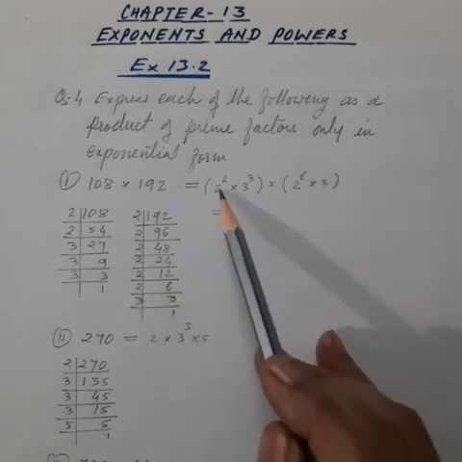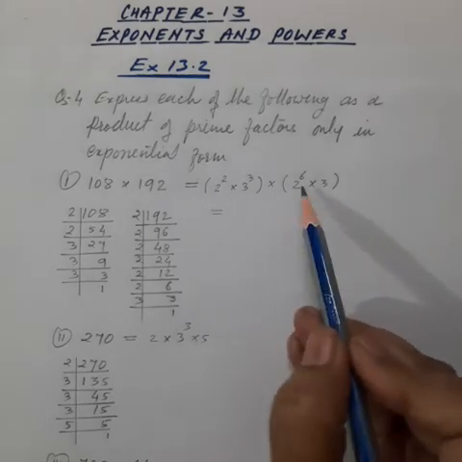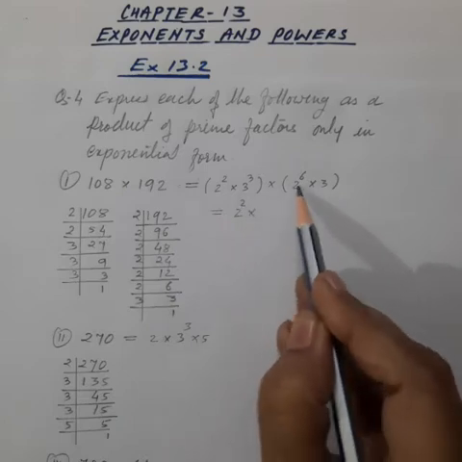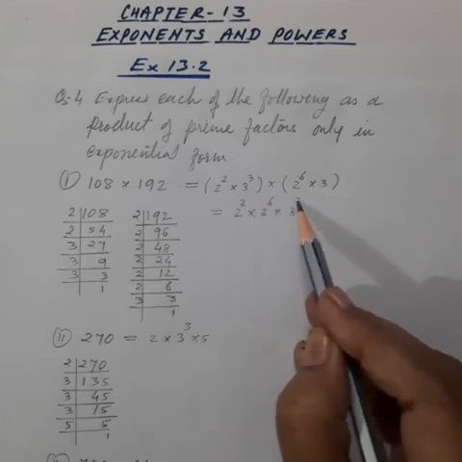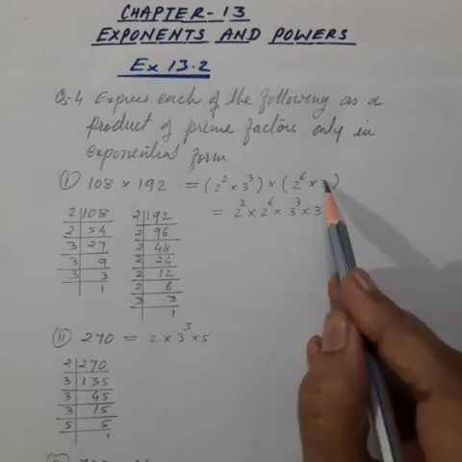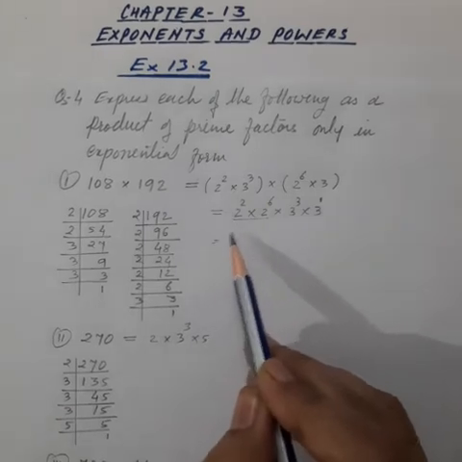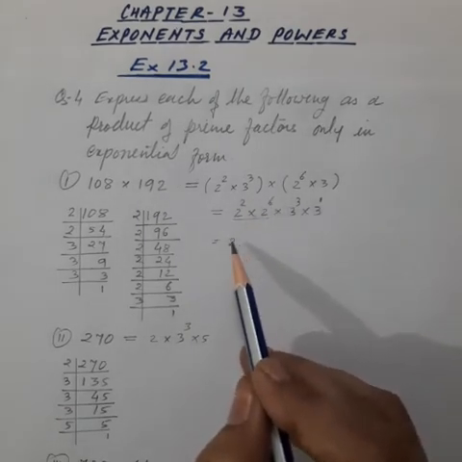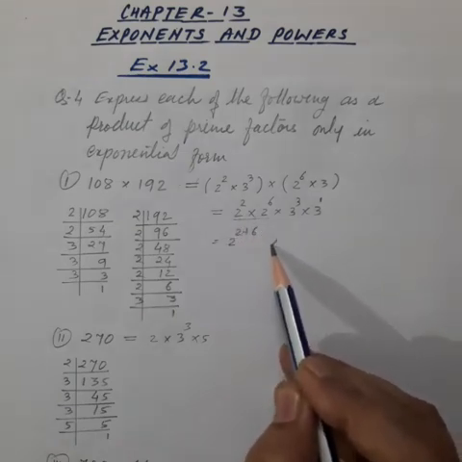Now we know that the multiplication is commutative. Bring the same bases together. 2 square into 2 raised to the power 6 and this is 3 cube into 3. Single 3 means power is 1. Now this is the multiplication of two numbers with same base 2. So taking the same base, add their powers into.